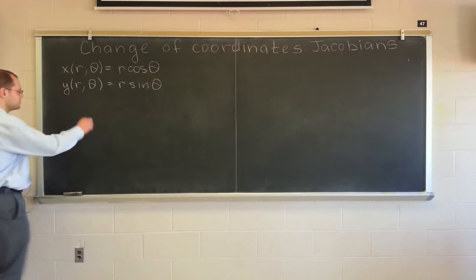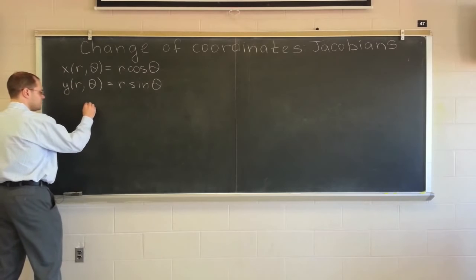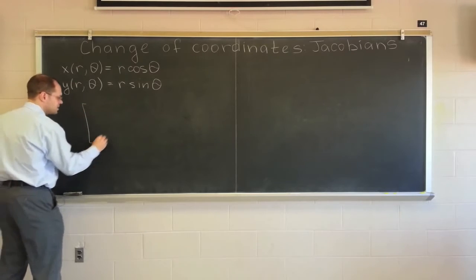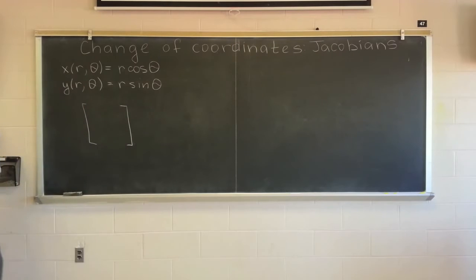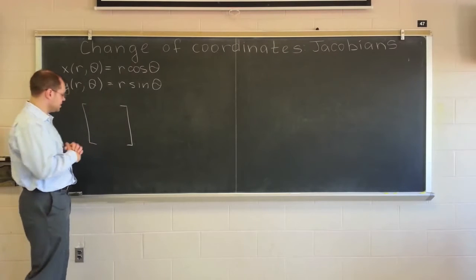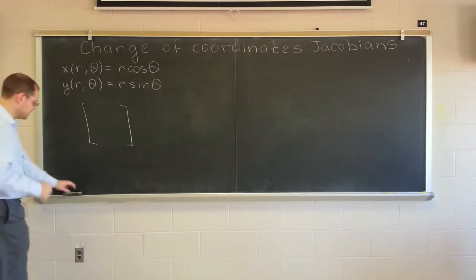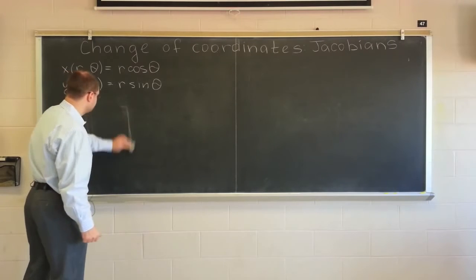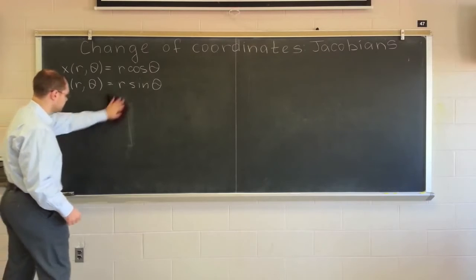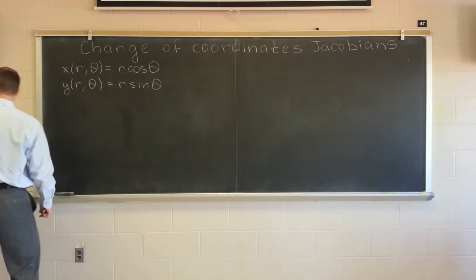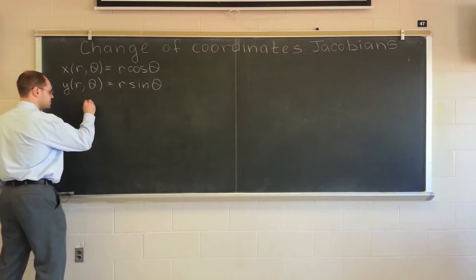And of course these numbers are naturally organized in a 2x2 table. That's because we have 2 dimensions. In 3 dimensions, it would be a 3x3 table and so forth. Let's make it a little bit larger, so that everything fits.